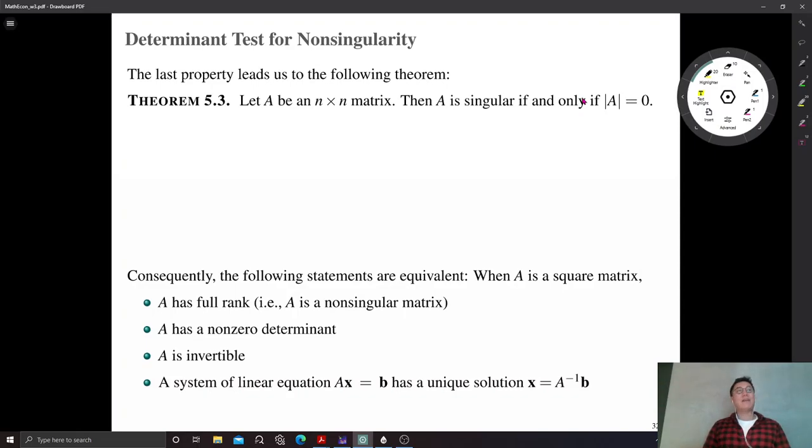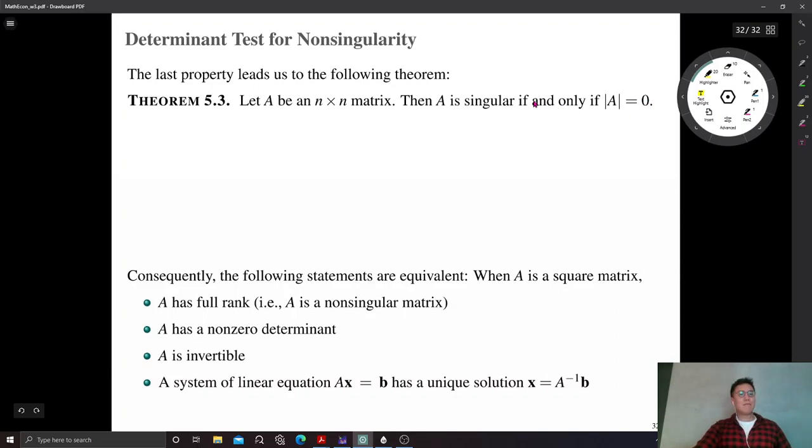And finally, the if and only if statement gives us a necessary and sufficient condition. And a necessary and sufficient condition is just an equivalent statement. So saying that matrix A is singular is equivalent to saying that the determinant of matrix A is equal to 0.